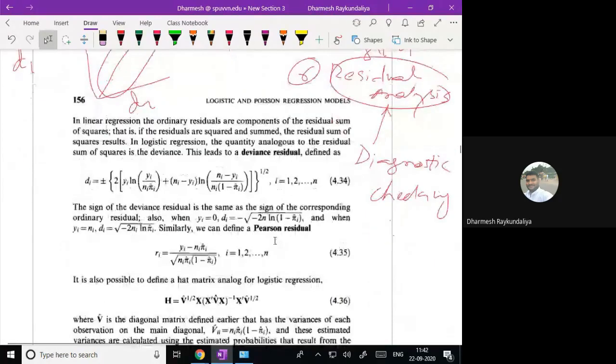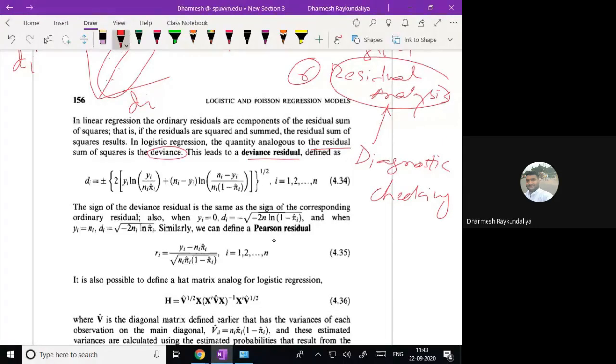Now, which residuals are analogous to the ordinary residuals in the binary logistic regression? That is called the deviance residuals. So how will you calculate the deviance residuals?